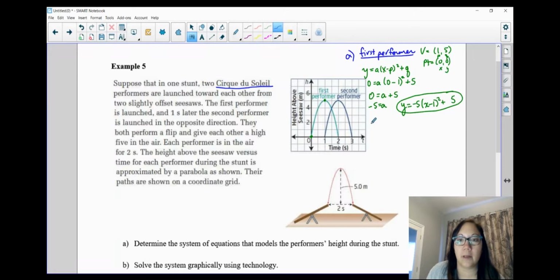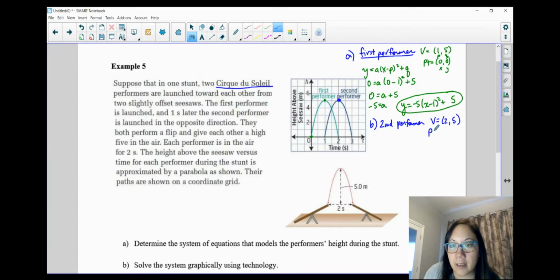Okay, I'm going to switch to blue here and do the second performer. Now their vertex is at 2, 5. And I need to choose a point on their graph that's convenient.